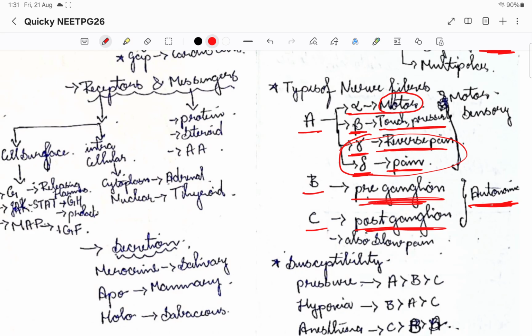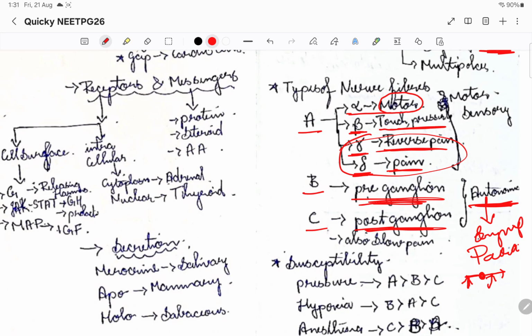The autonomic system is sympathetic and parasympathetic, right? When sympathetic and parasympathetic fibers come out from the spinal cord, they are preganglionic. There will be a ganglion before it gets delivered as a postganglionic fiber. So both preganglionic and postganglionic autonomic fibers work in this way. The preganglionic will be the B fibers, whereas the postganglionic will be the C fibers.